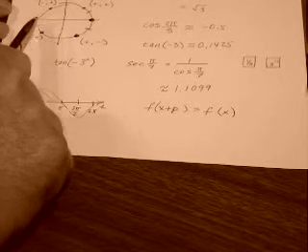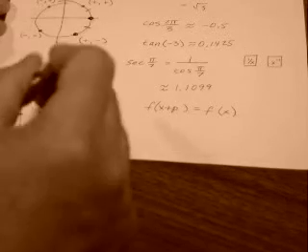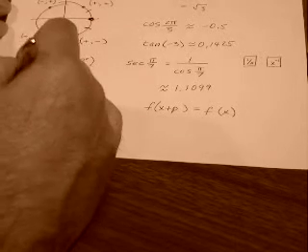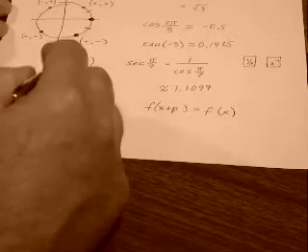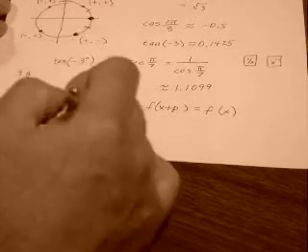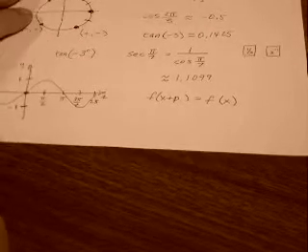So the biggest x value will be 1. The biggest y value will be 1. The smallest x value will be -1. And the smallest y value will be -1. So the sine function, for example, has a maximum of 1 because that's the y coordinate. The maximum y coordinate on the unit circle is 1, and -1 is the smallest. The same thing applies to cosine.